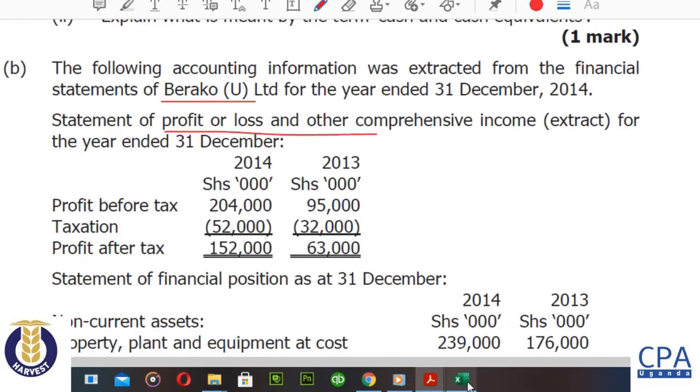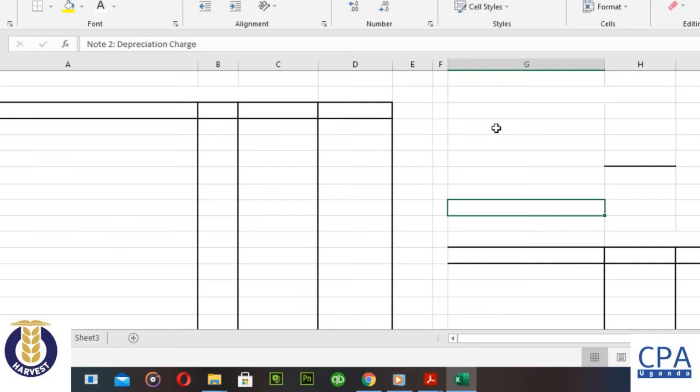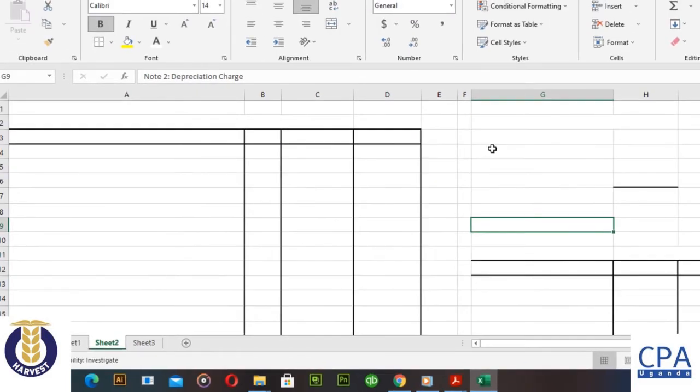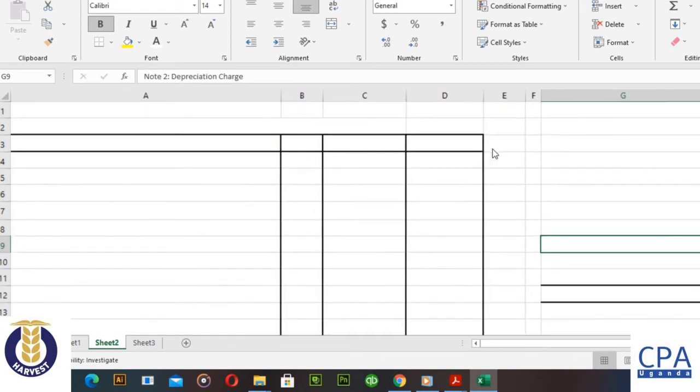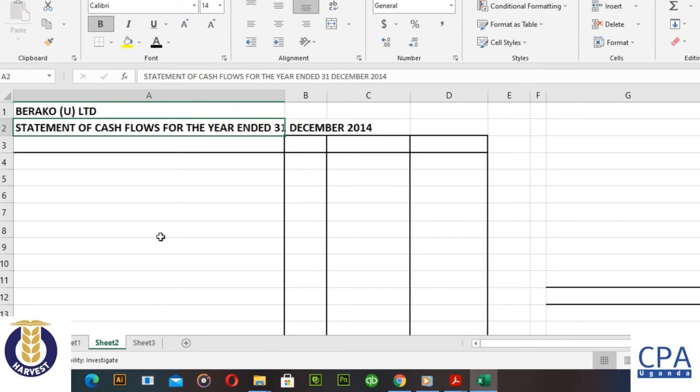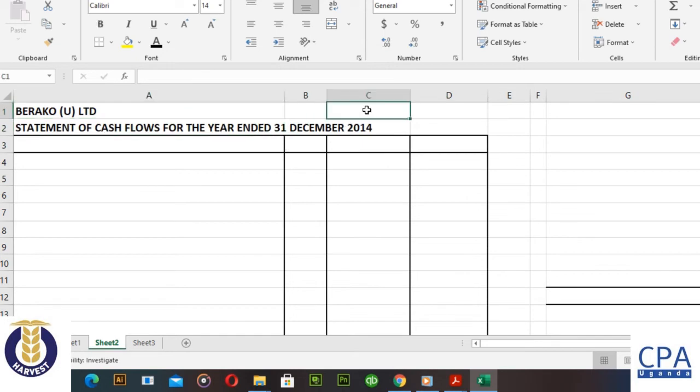So I'm going to make use of my Excel sheet here. And as we have been doing for all other statements, we begin by giving our cash flow statement a title: BERAKO Uganda Limited, statement of cash flows for the year ended 31st of December 2014.